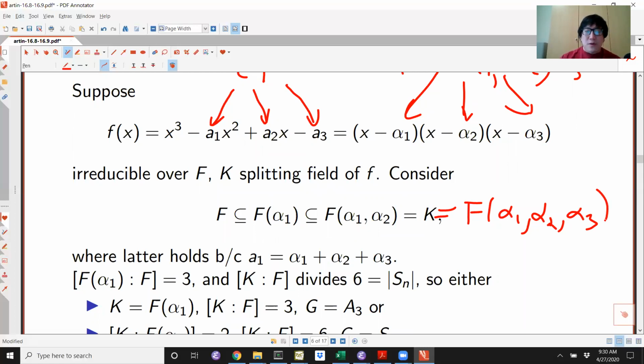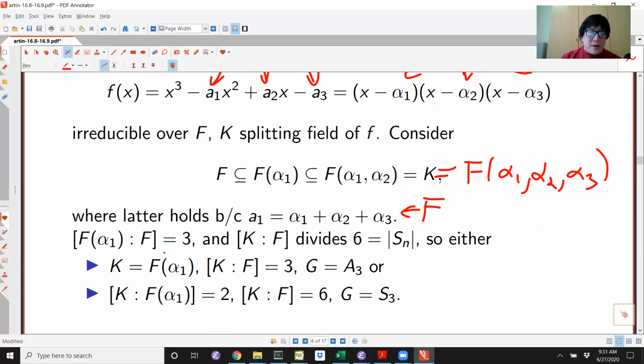The last one holds because, for example, alpha 1 plus alpha 2 plus alpha 3 is equal to minus A1, which is an element of big F. And so if two of these things are in your field, then the third one is too, because you can just subtract them from A1.